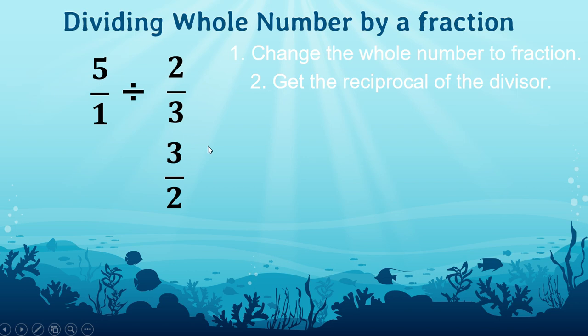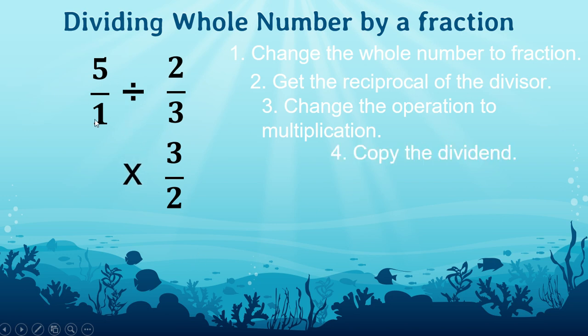Kukuhanin natin. So, ayan na. Then, change the operation to multiplication. This one will become multiply. Copy the dividend. We have 5/1. Multiply across. So, 5 times 3 over 2. 1 times 2 yun.